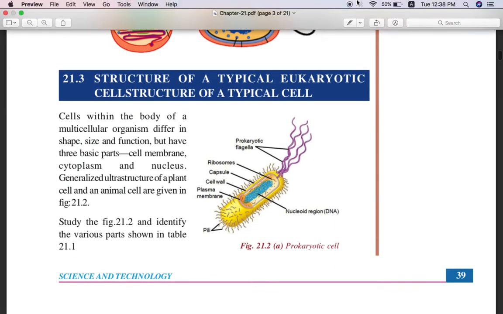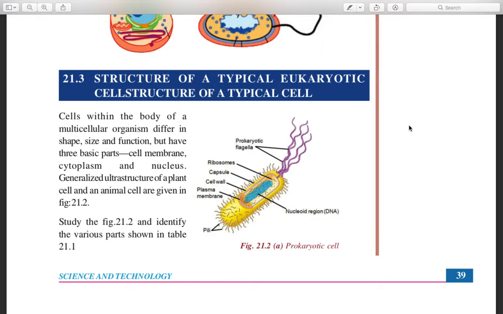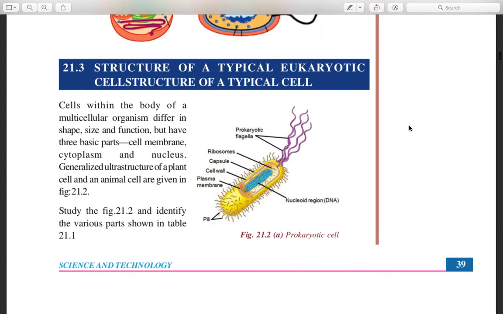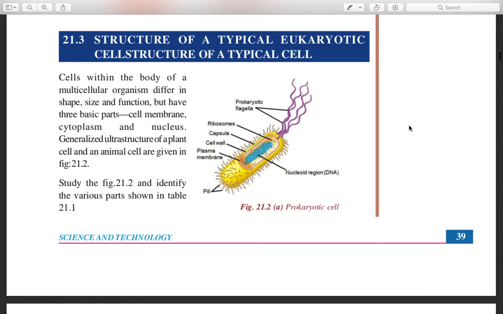So the structure of a typical eukaryotic cell. Okay, so now we are going to see the structures. Here, the cells within the body of a multicellular organism differ in shape, size, and function. The many cells in multicellular organisms differ from each other in shape, size, and function.